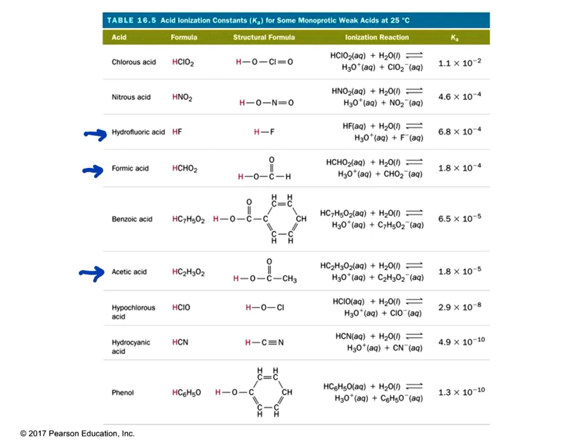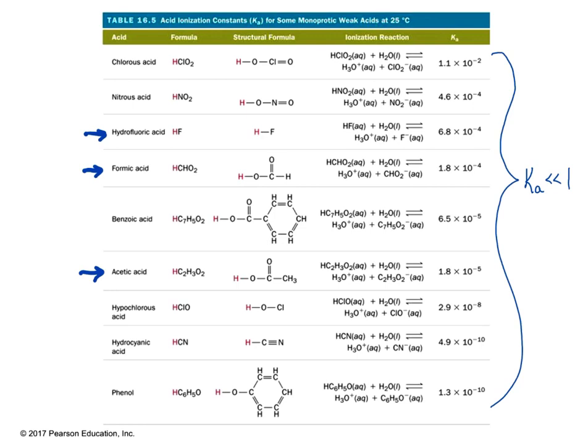On the right-hand side, we have a list of acid ionization constants. You'll notice that all of these acid ionization constants are less than 1. Now, these are also listed in order of decreasing strength. Chlorous acid would be a weak acid, but out of this list of acids, it is the strongest because its value is closer to 1.